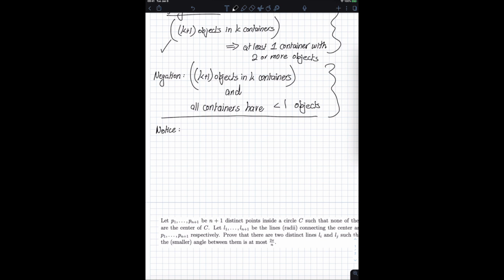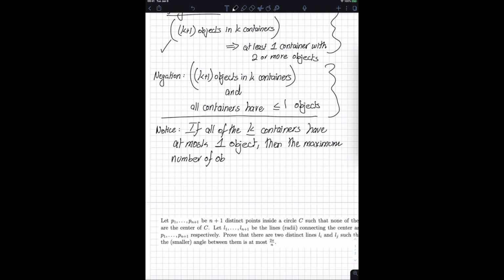So I'm going to say, notice, if all containers, or I would say all of the k containers, just to emphasize, have at most one object, then the maximum number of objects in all containers combined is at most k times 1, which is k.